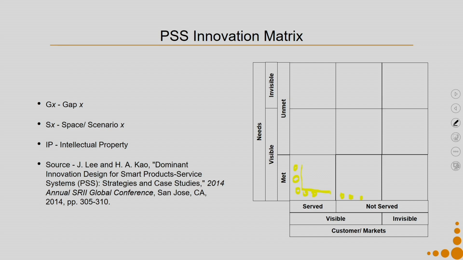But say for example, I know for showering also I want a solution, but there is no solution available. So, I know that the market is visible, the need is also visible, but I have it in the category of unmet. I know I need clean water for washing my clothes, again there is nothing available for that particular purpose. So, it is an unmet need.